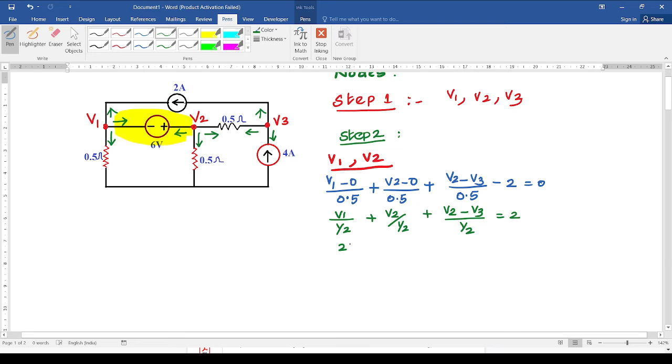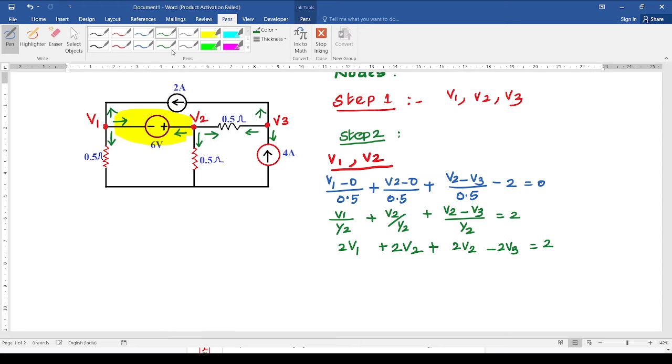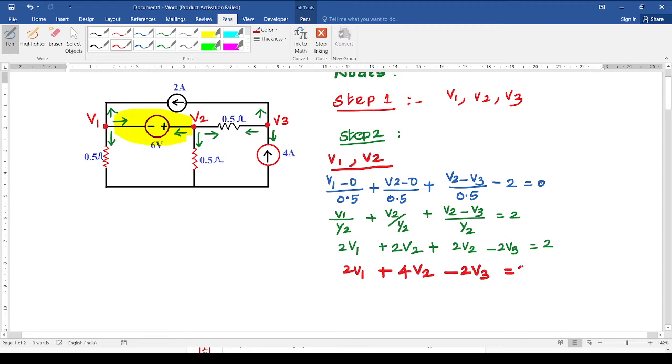I have to rewrite the equation: 2V1 plus 2V2 plus 2V2 minus 2V3 equal to 2. Next, 2V1, 2V2 plus 2V2, that is 4V2, minus 2V3 equal to 2. This is equation number 1.